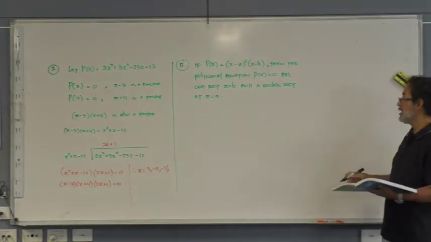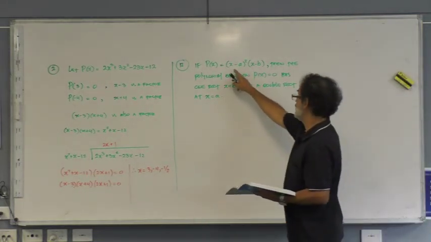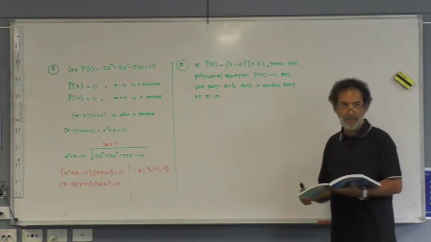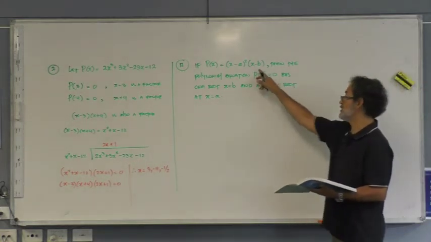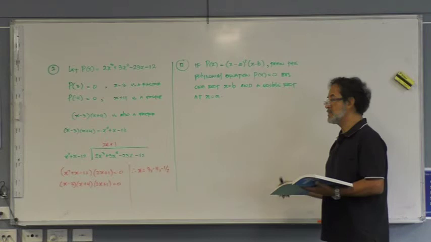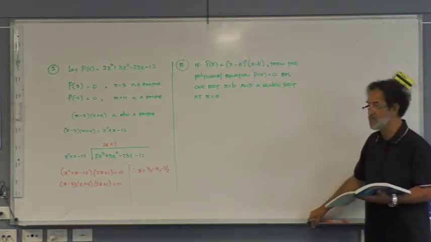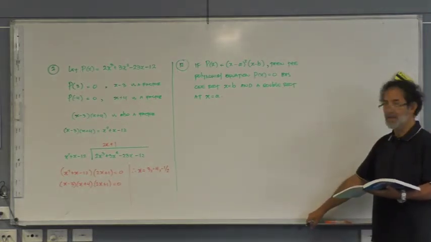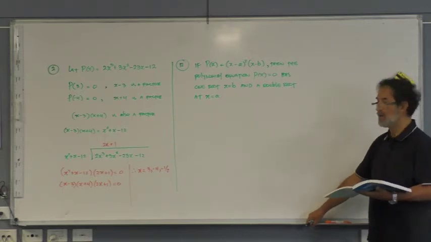Okay, so if you have a polynomial that looks like this, and if you make that equal to 0, can you see that you're going to have a double 0 at x equal a, and then a single 0 at x equal b?